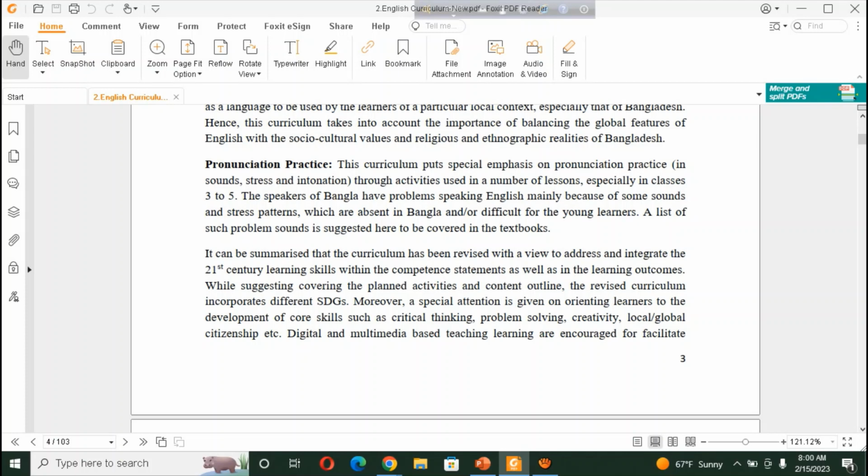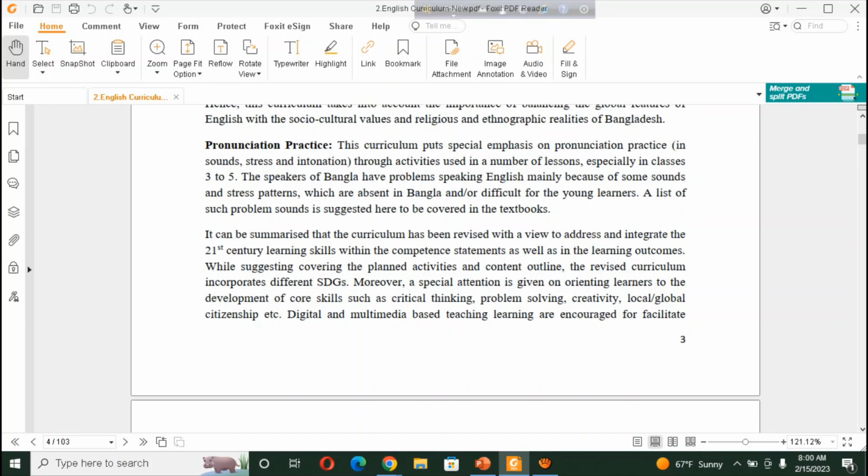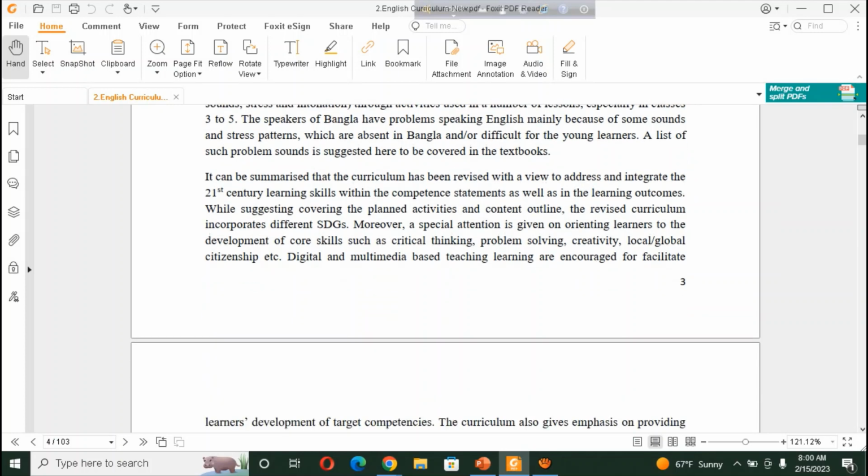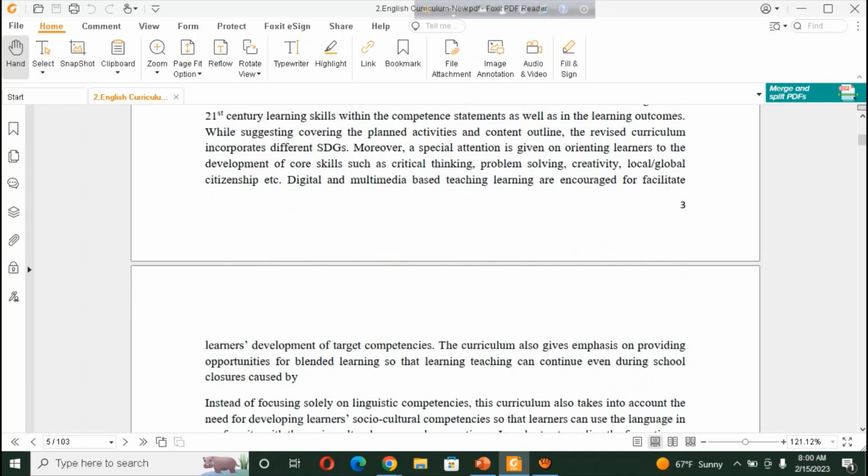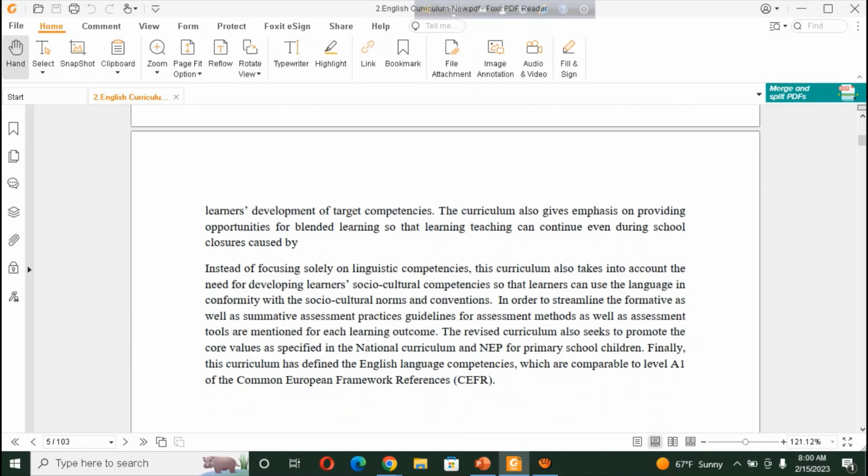The revised curriculum incorporates different SDGs. Moreover, special attention is given to orienting learners to the development of core skills such as critical thinking, problem solving, creativity, and local and global citizenship. Digital and multimedia based teaching learning are also encouraged for facilitating learners' development of target competencies.